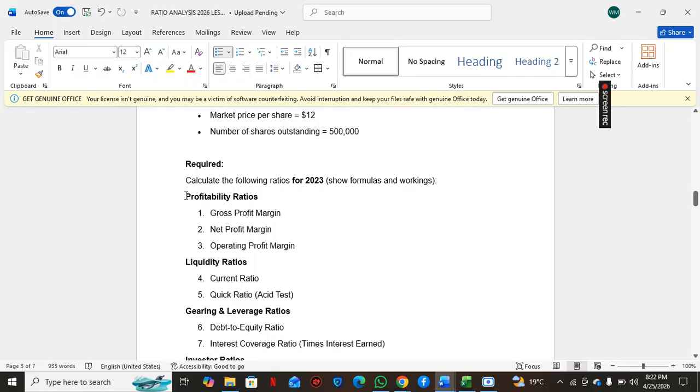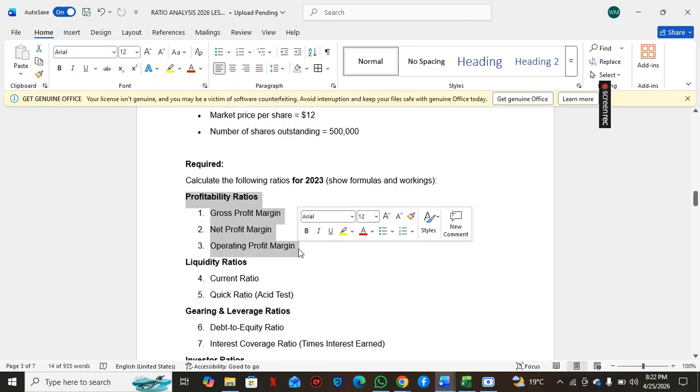So we're going to start with the profitability ratios. Profitability is just generating profits from your operations. How good you are at generating profits from your operations. If your company is profitable, then your operations are generating you profits.